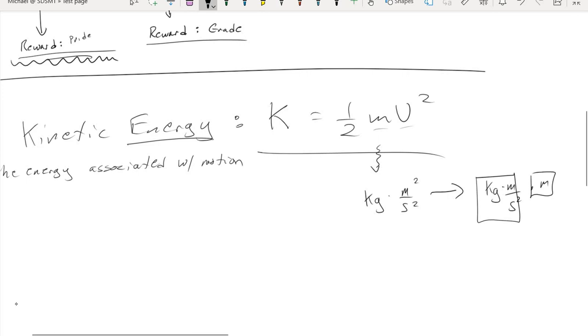Well, okay, that means that the total unit that we are calling a joule can also be represented as a Newton meter.